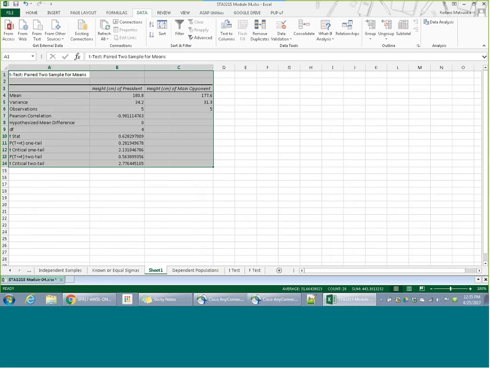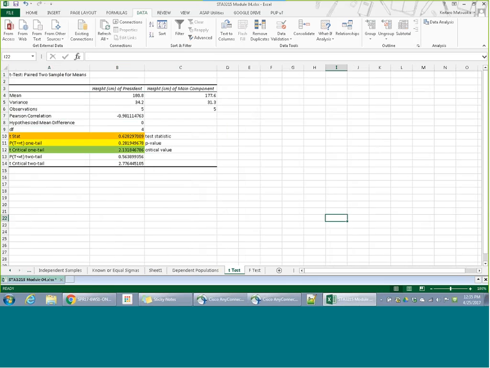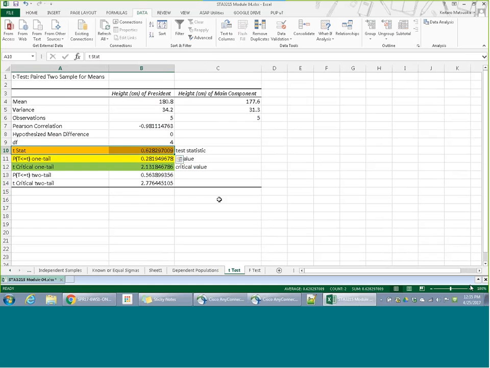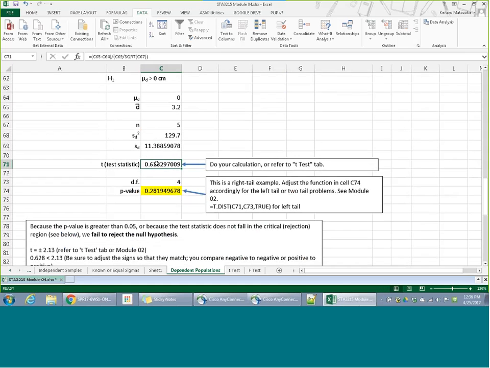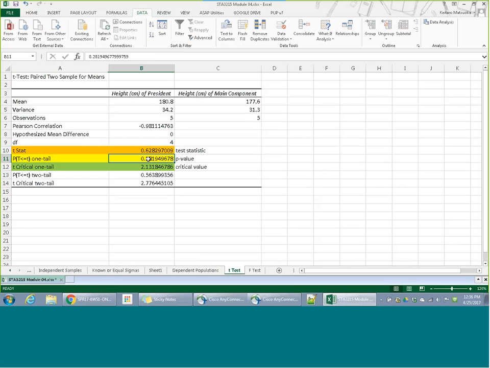Okay, so I have a better version of this over here. So this is just a reproduction. Notice that you see the test statistic is going to be 0.628, which you see here. And other things you see is that this is going to be the p-value method, a p-value here, and then the critical value.